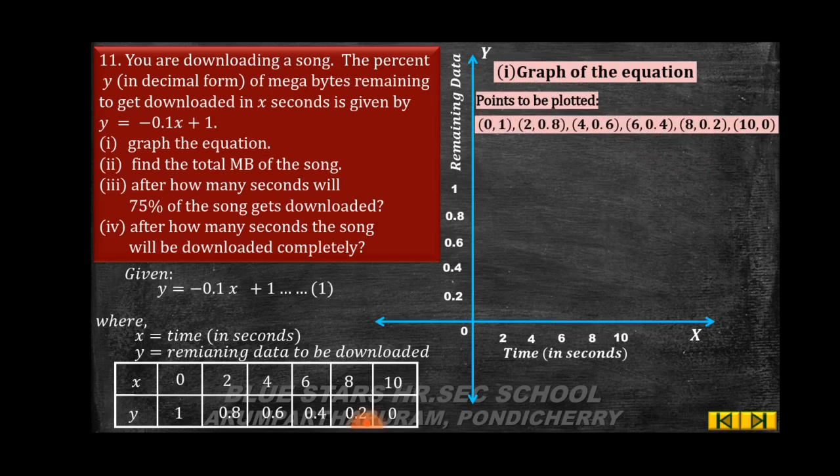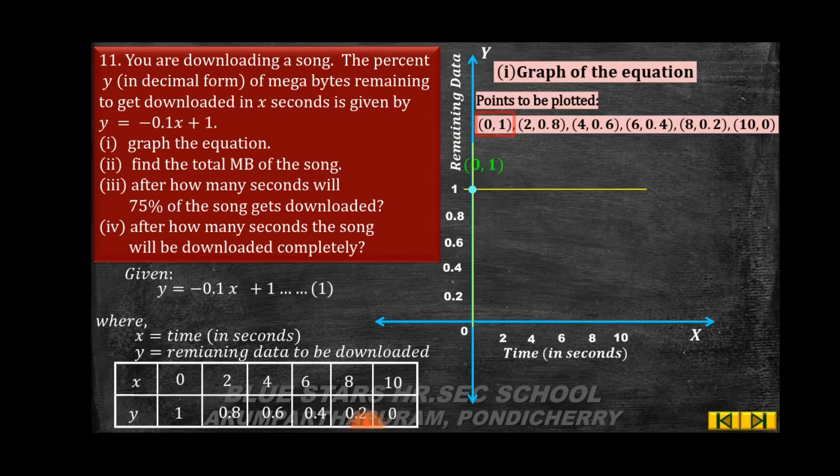Next step is you have to plot the points (0, 1), (2, 0.8), (4, 0.6), (6, 0.4), (8, 0.2) and (10, 0). The first one is to mark the point (0, 1). So (0, 1) is on the y-axis.